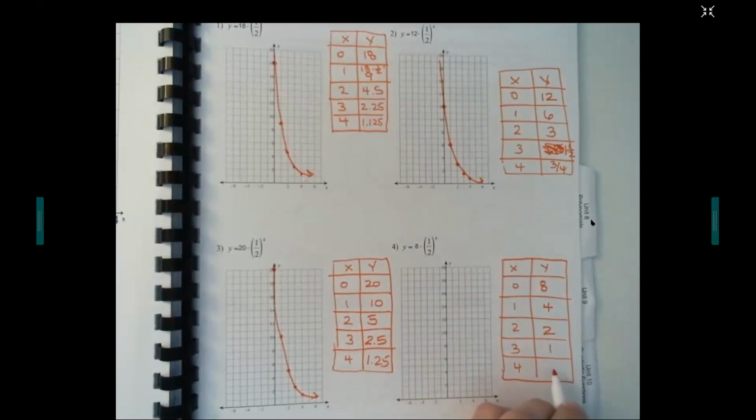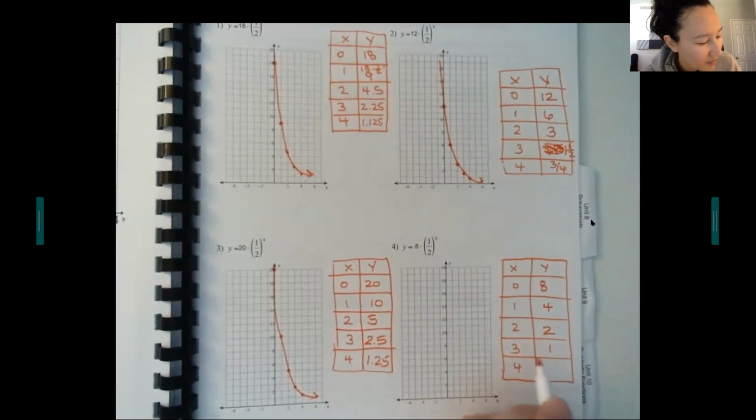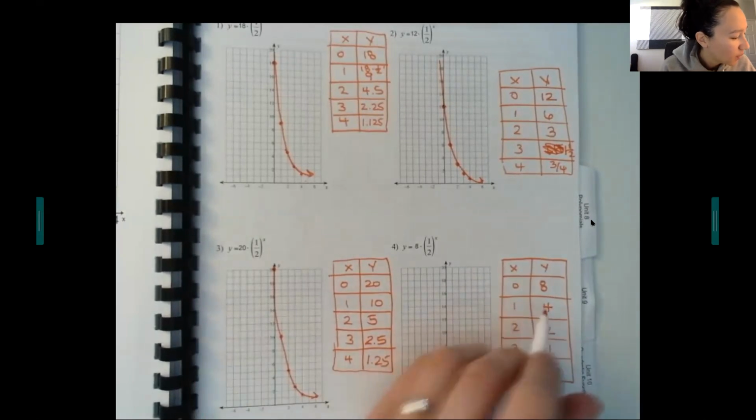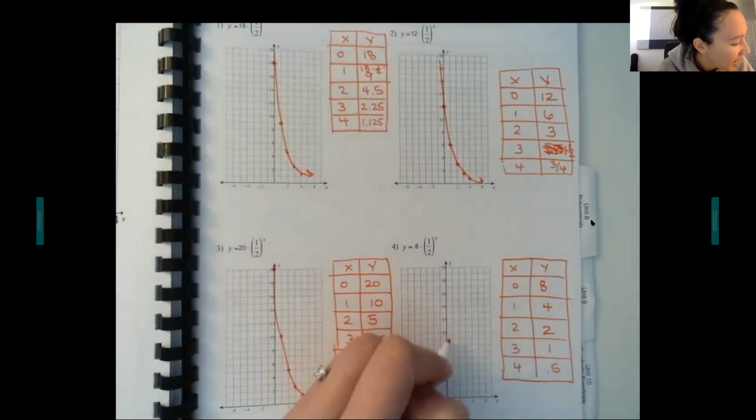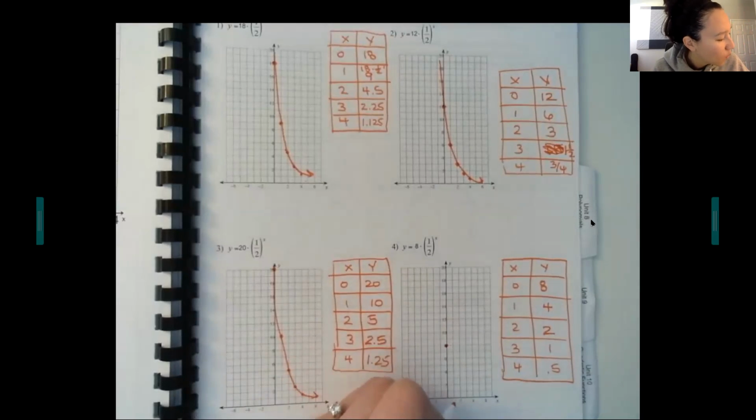And the last one is a 0 or like 0... What's half of 1? 0? No. Yeah, 0.5. Yep, 0.5. Good. Thank you. So then we'll just plot those points. So 0, 8, 1, 4, 2, 2, 3, 1, and 4, 1/2.